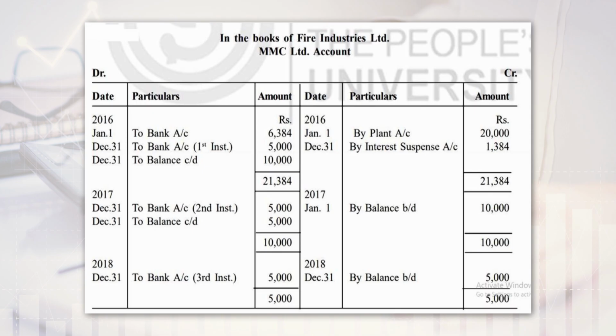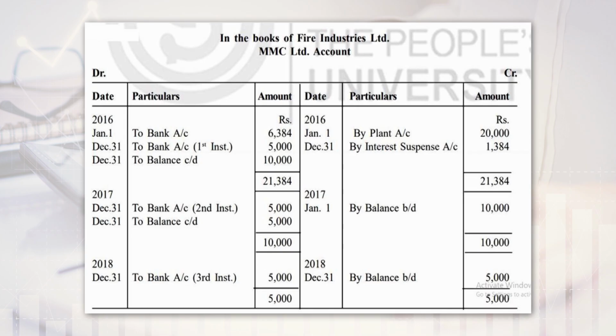At the end of the first year the first installment was paid, that is rupees 5,000. Again the journal entry was vendor account debit to bank 5,000. This is the balance carried down, the balancing figure at the end of the first year, that is 31st December 2016. So the total is 21,384. The balance of rupees 10,000 at the end of the first year will be brought forward in the beginning of the second year.